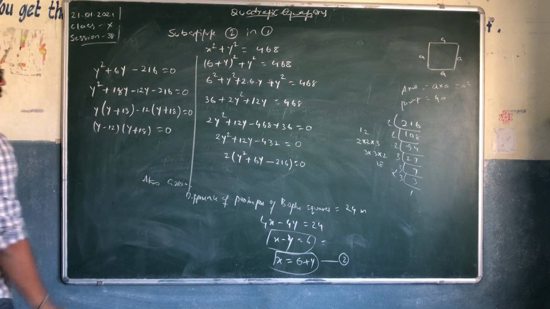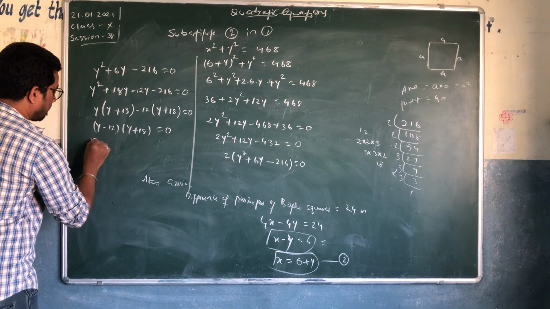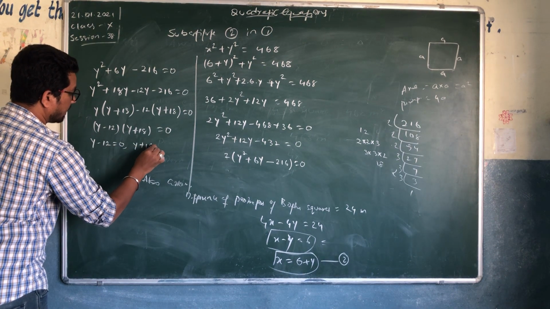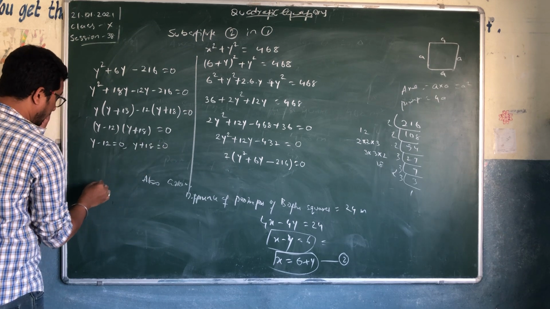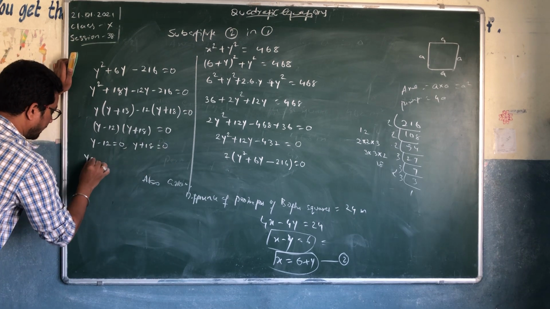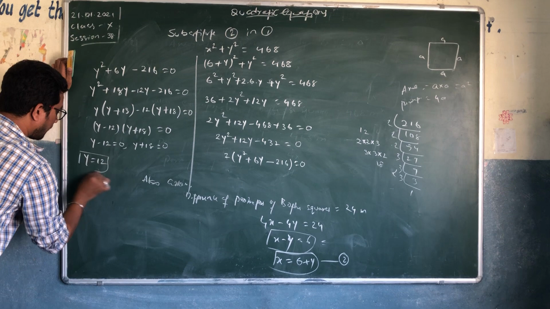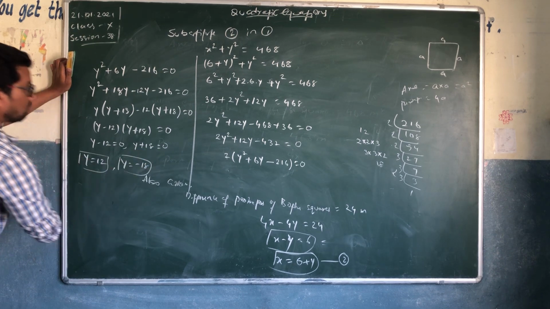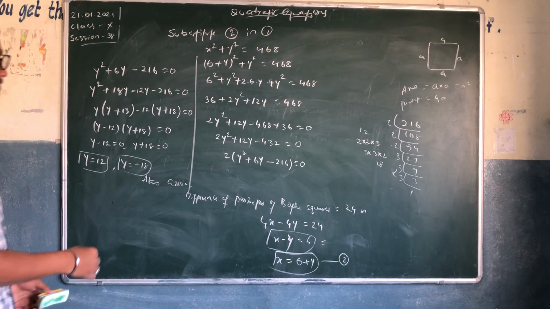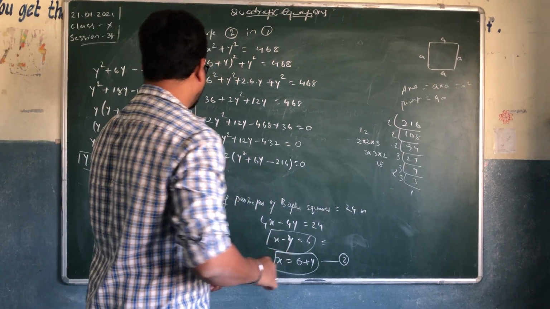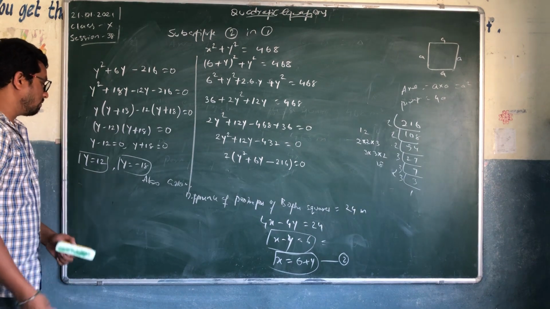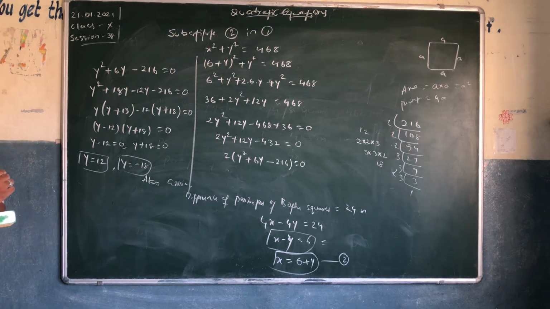Taking y plus 18 as common, now y minus 12 is equal to 0 and y plus 18 is equal to 0. So y is equal to 12, y is equal to minus 18. Okay, we got the y value. As a length in meters cannot be negative, we take y is equal to 12 as the answer.